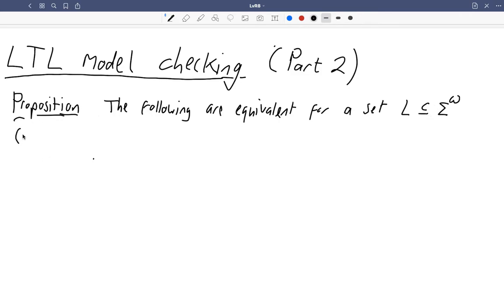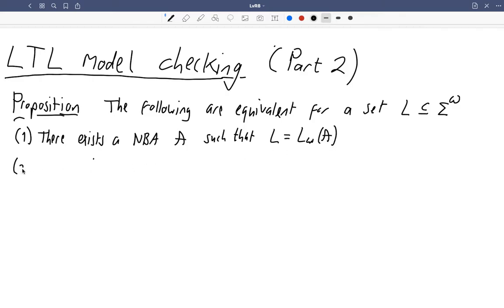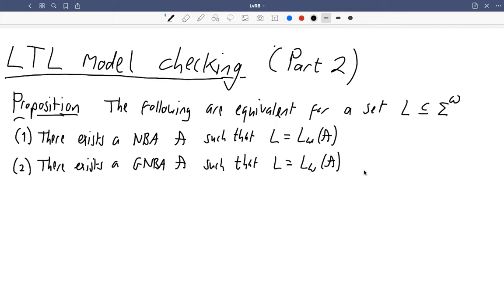The first statement is there exists a non-deterministic Büchi automaton A that recognizes exactly this set of words, so such that this set of words is the language of omega words accepted by A. It turns out that that's equivalent to there exists a GNBA A such that L is the set of omega words accepted by the generalized non-deterministic Büchi automaton.